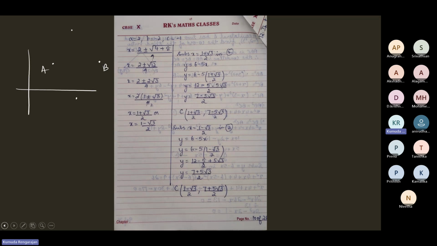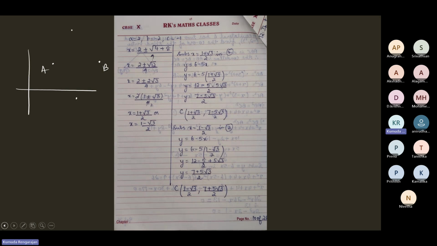And the condition is only one condition. In an equilateral triangle, we only know all sides are equal. So AB is equal to BC is equal to AC, or AB square is equal to BC square is equal to AC square. And you must equate the 2 expressions having x square and y square.